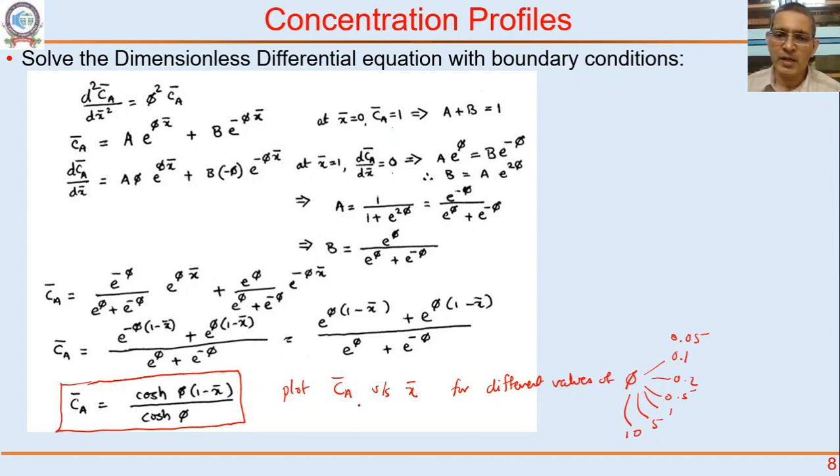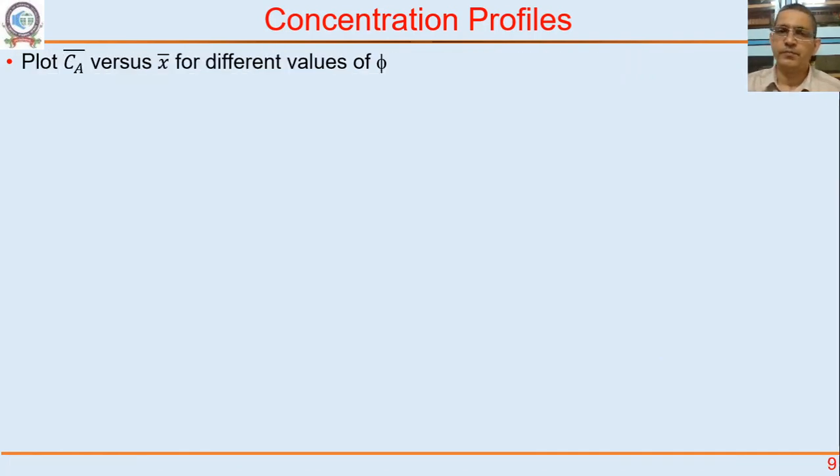And I want you to see how this Ca bar versus x bar looks like. Plot this equation in Excel so that you can easily see the graph for different values of phi. Plot, and there's an important point that is coming. That's why I'm asking you to plot. Pause and plot.